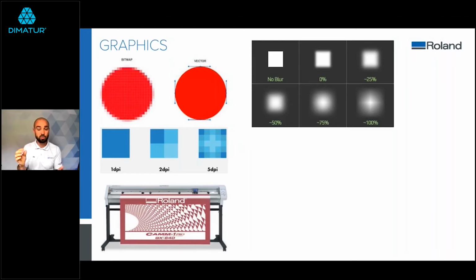If the pixels are very small to start with, when you make it bigger, the pixels won't look so big. Looking at that DPI graphic on the left-hand side, if we had a 2 DPI image and we made that twice the size, those blue squares would be twice the size, whereas if it was 5 DPI, the pixels don't go as big as you expand it.